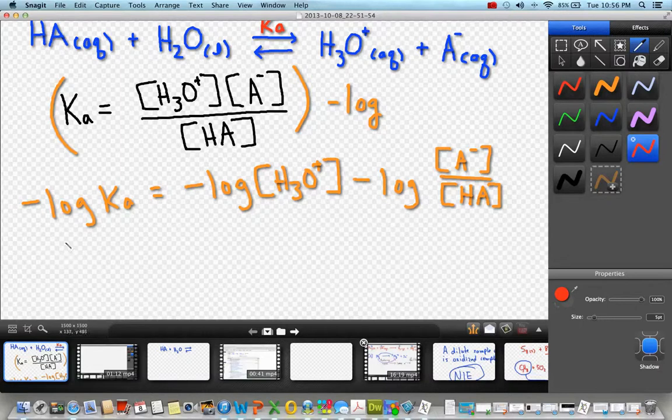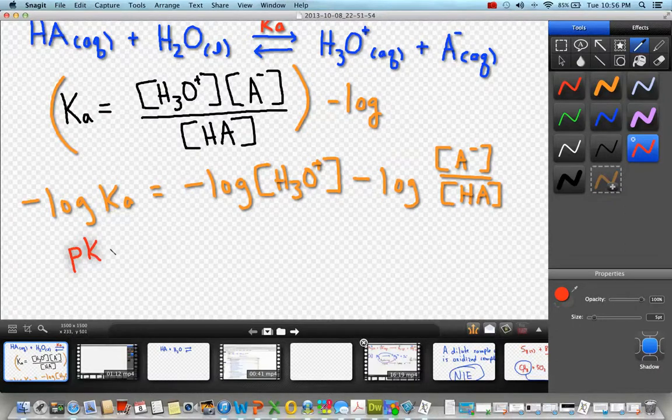The negative log of Ka is better known as the pKa. The negative log of hydronium is better known as pH. And of course, I will keep the last part of this expression the same, minus the log of the ratio of A- to HA.